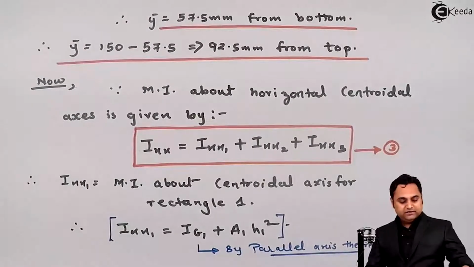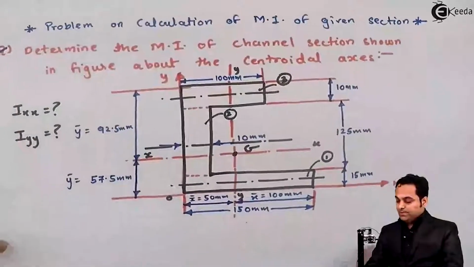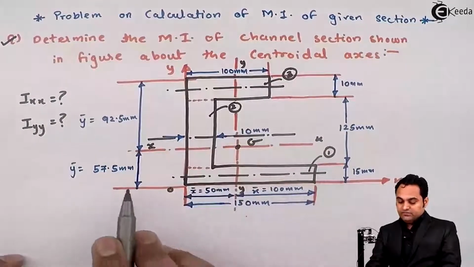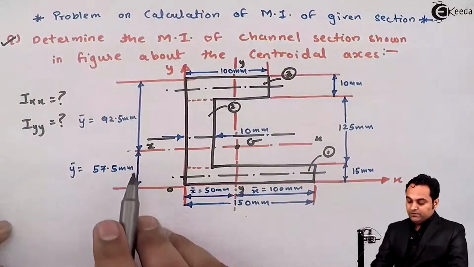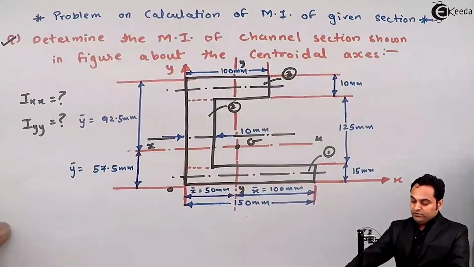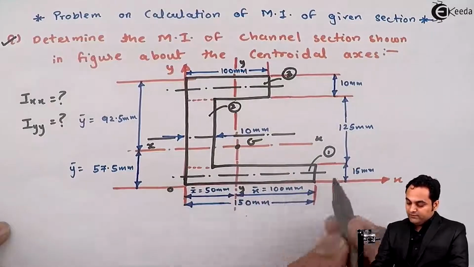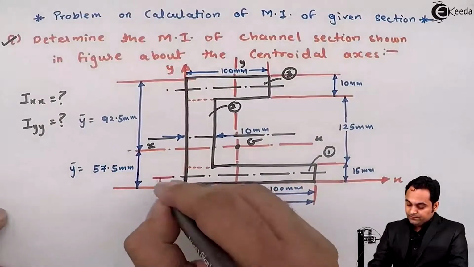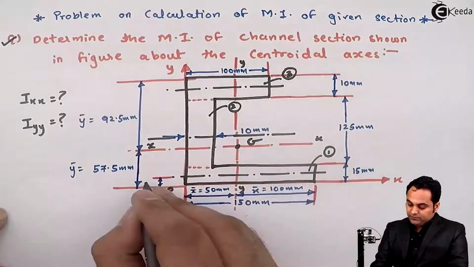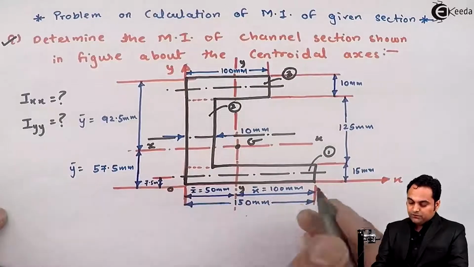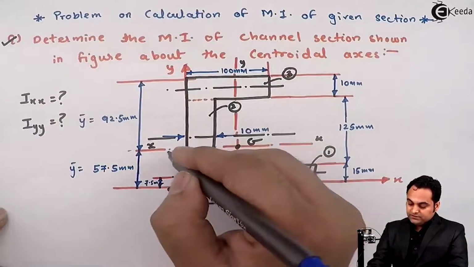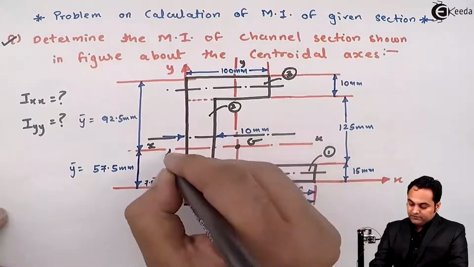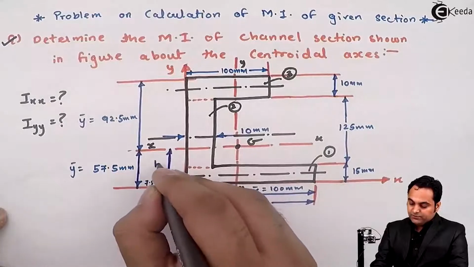And why we are using parallel axis theorem is because the x-axis for the complete C section is passing through 57.5 mm distance, but the x-axis for rectangle number 1 is at a distance of 15 by 2, that is 7.5 mm from bottom. So there is a difference between the two axes, and that difference is called h1.